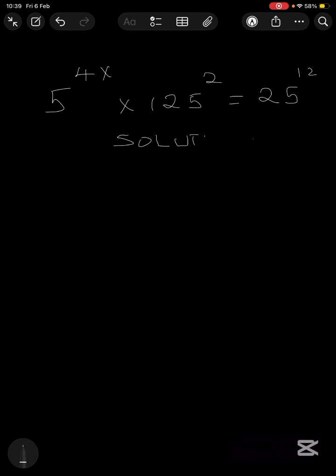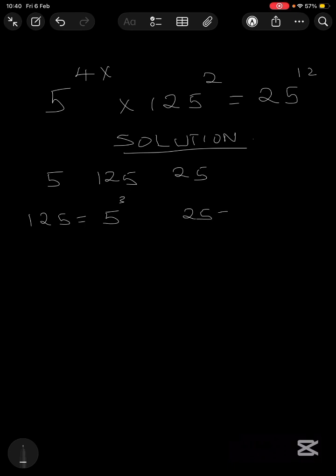As you can see, we have the bases 5, 125 and 25. These must be the same. So 125, we can write it as 5 power 3. 25, we can write it as 5 power 2.